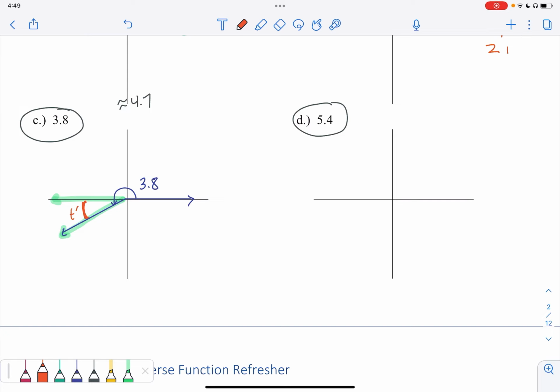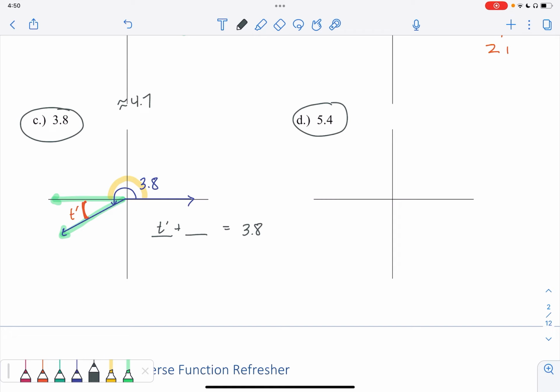And then how can I find out its value? Well, think of 3.8 as all the way, so think of that as the whole. So I have something plus something is 3.8. That's the biggest angle here. T prime will be part of that. And then the other part: T prime shares the terminal side here, but then it ends.